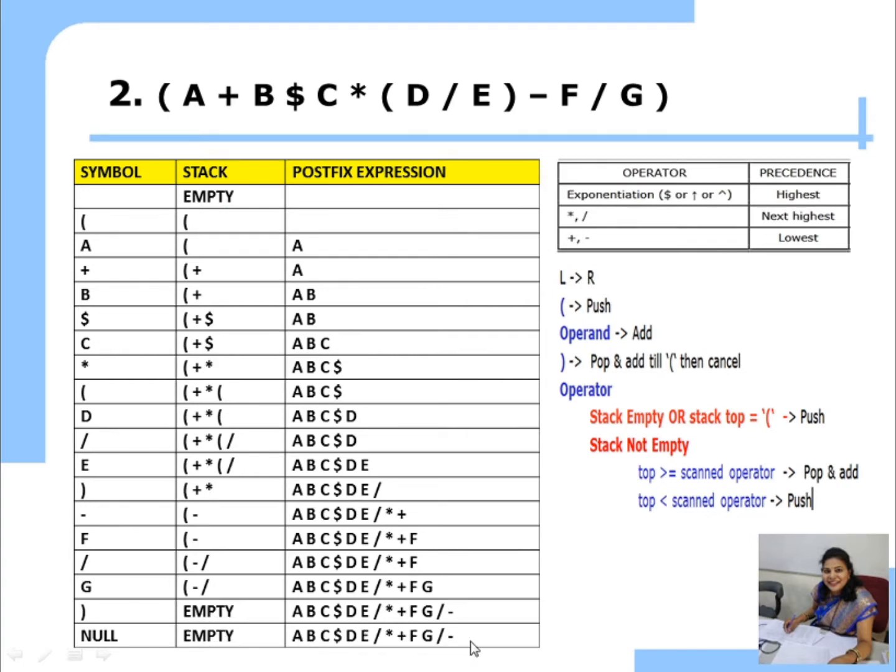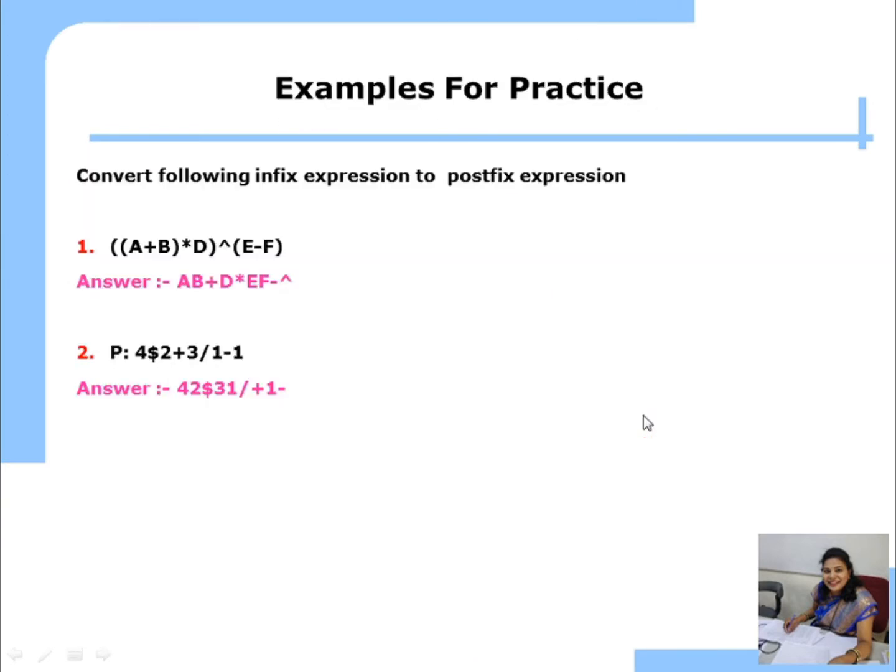So your output is this. Your input was A plus B dollar C into bracket D slash E bracket close minus F slash G. Now your output is ABC dollar DE slash multiplication plus FG slash minus. So this is the postfix string of this infix string.